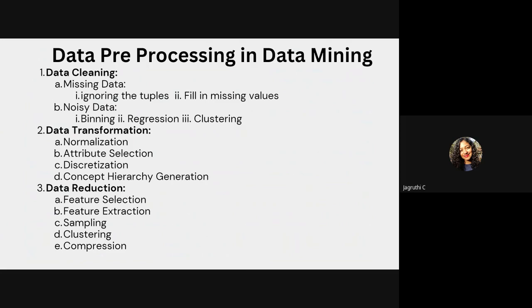Coming to sampling and clustering, these two are pretty similar. Sampling involves selecting a subset of data points from an entire data set, and clustering involves grouping similar data points into smaller buckets, smaller groups, so that the processing becomes easy and you need not deal with a large set of data.